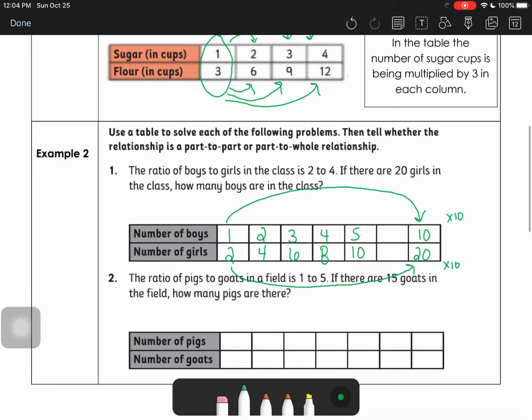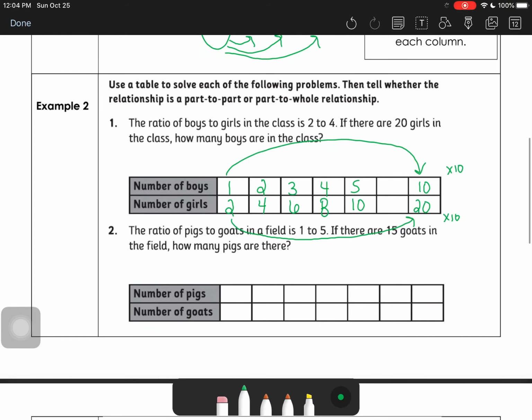In the next example, the ratio of pigs to goats in a field is 1 to 5. If there are 15 goats in the field, how many pigs are there? So we could multiply both of these by 2. 2 times 1 is 2. 2 times 5 is 10. We could multiply them by 3. 3 times 1 is 3.